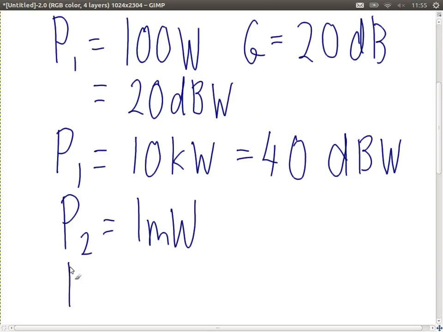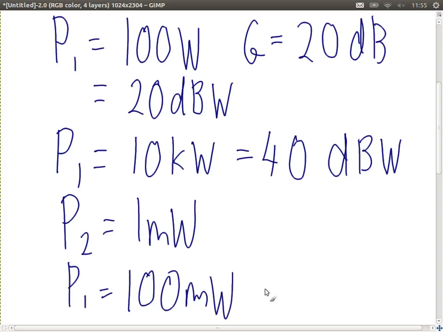And P1 was, for example, 100 milliwatts. That's an M. Relative to 1 milliwatt, how many dB is P1 larger? Relative to 1 milliwatt.